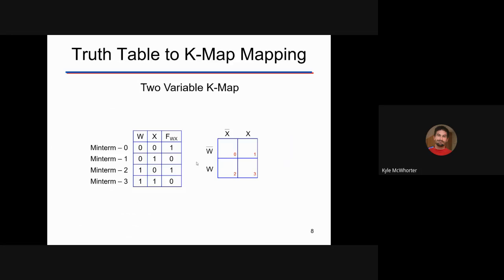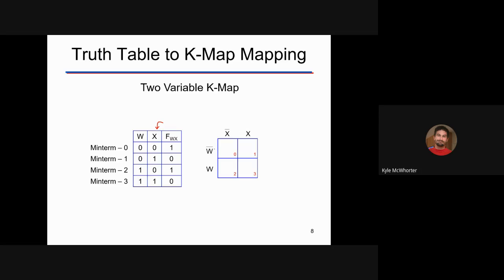So remember, the last variable in our truth table will go on the top of our K-map, and then the stuff on the left will go on the left. Our variable is x, so we'll put not x and x on the top.